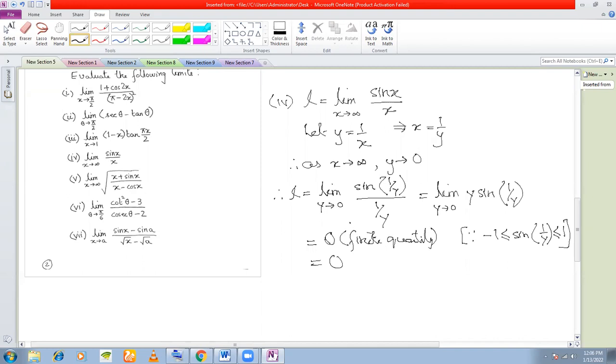If this would not have been a finite quantity, I'm asking you, then can we write 0? Is 0 into infinity equal to 0? Tell me, is 0 into infinity equal to 0 or not?